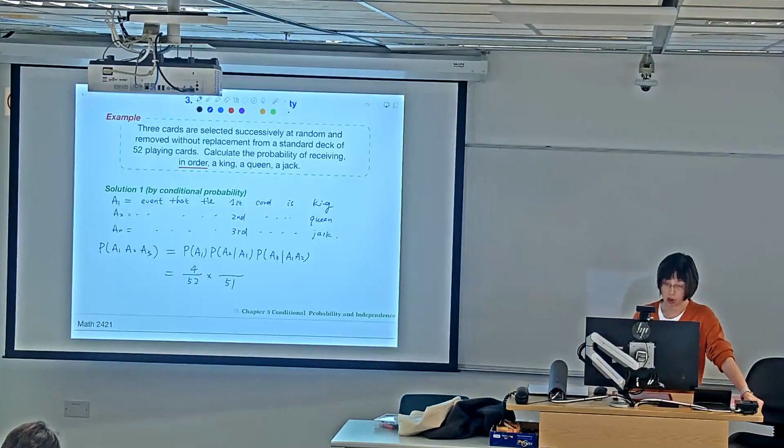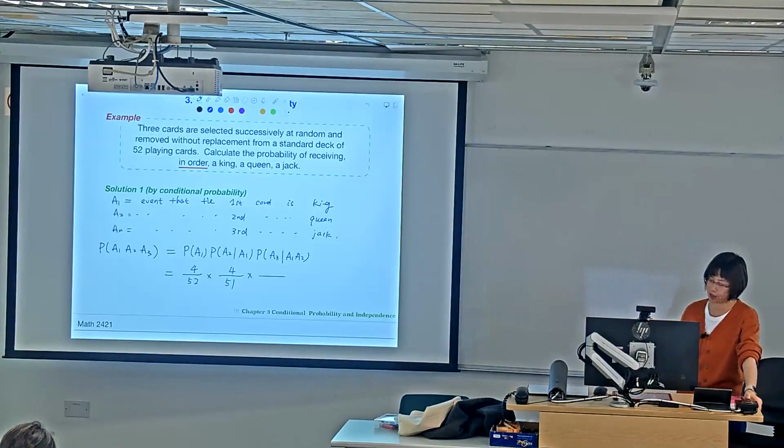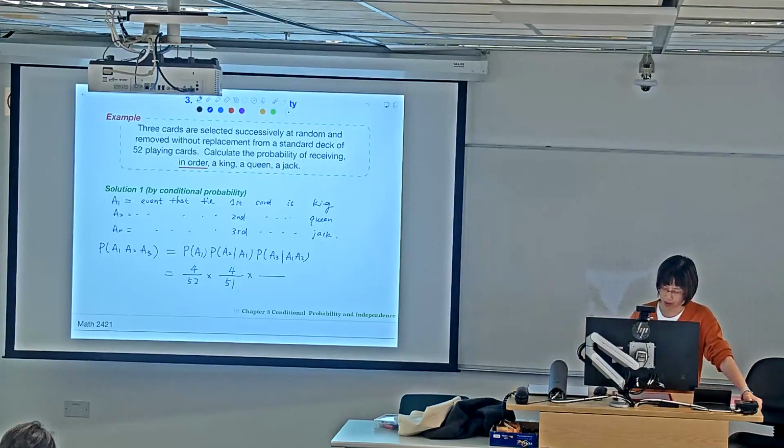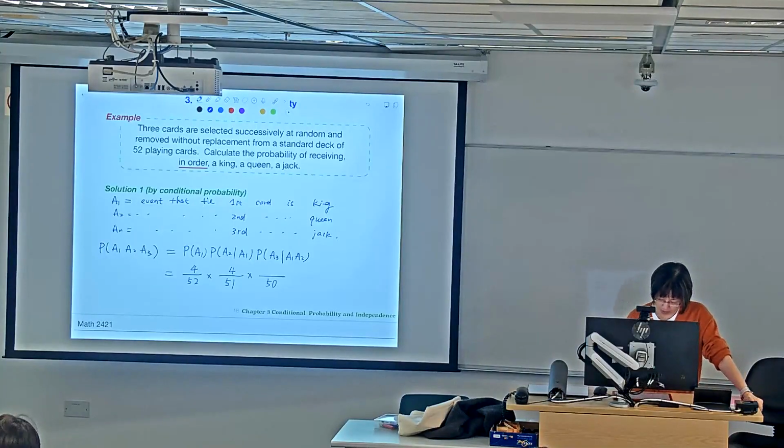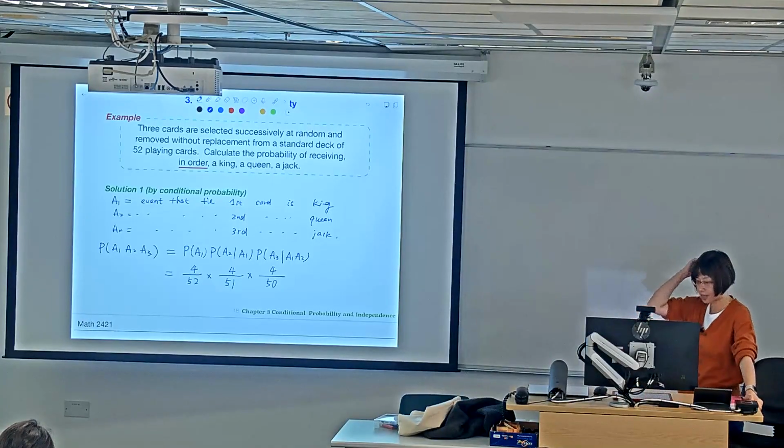And we want to choose a queen. There are still 4 left. Then the third conditional probability is given the first 2 chosen cards are king and queen, we want to find the chance that you have chosen a jack in the third card. So now, with the first 2 events occurred, we are left with 50 cards, and there are 4 jacks left.